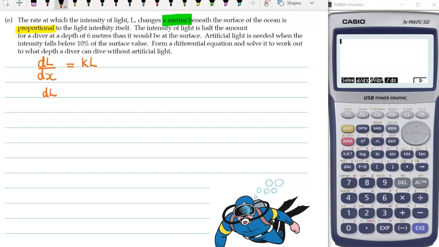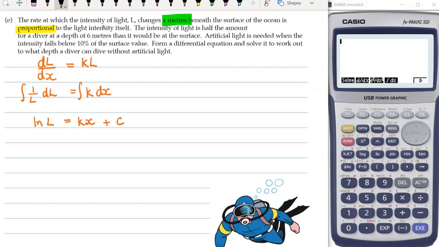So dL stays on the left. We move the L that's on this side over to the left-hand side, do it 1 over L, leave the k here and bring the x over this side. Now integrate both sides, and what we'll have is the natural log of L is equal to kx plus c.